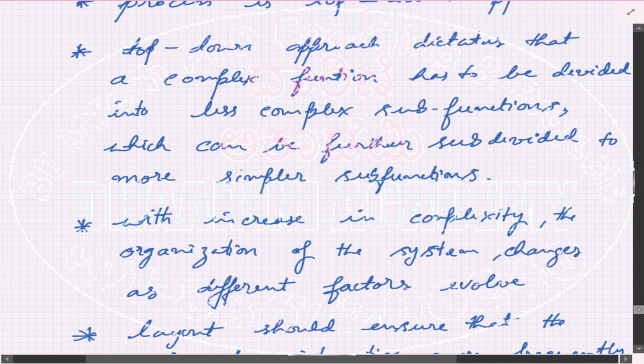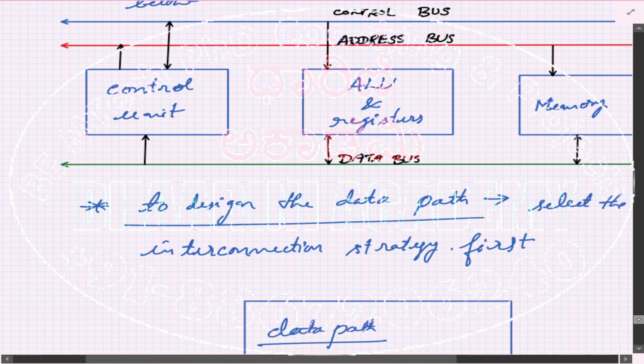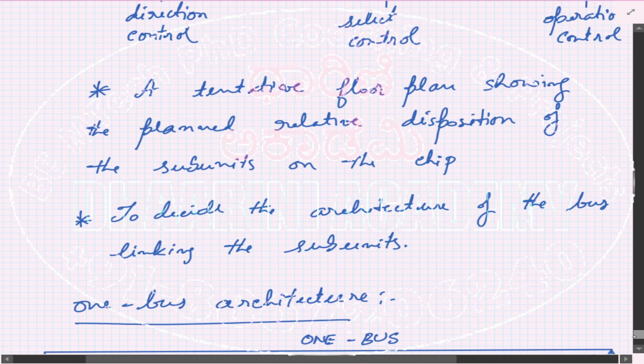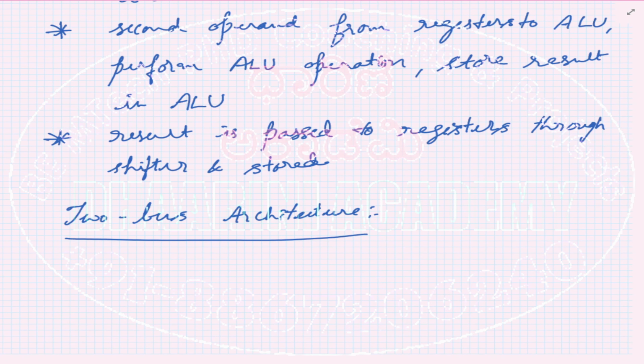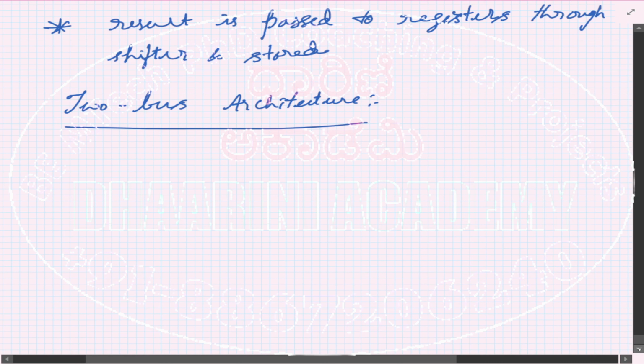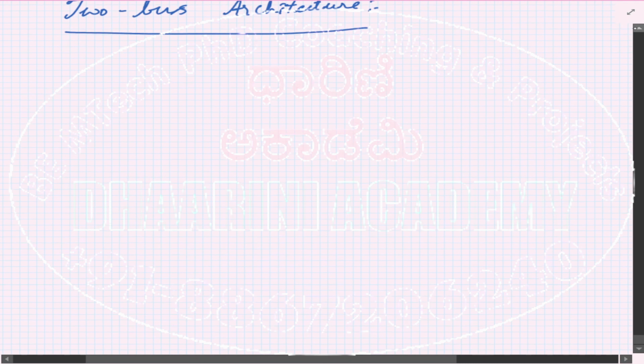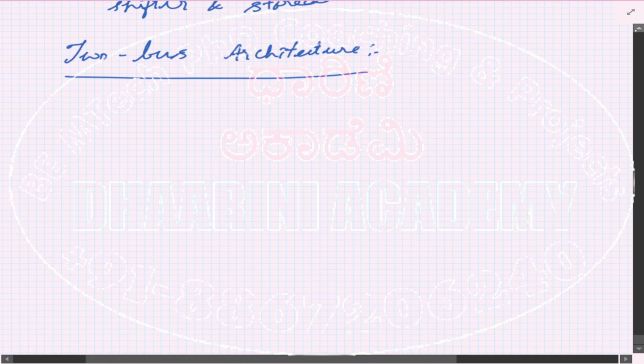We wrote three different buses, as you can see here: control bus, address bus, and data bus. That's the three bus architecture. Anyway, in two bus architecture, we are going to use two different buses. The advantage is more paths for the data transfer. When you have more paths, you can perform the operations quickly. That's the only intention of adding another bus to this architecture.